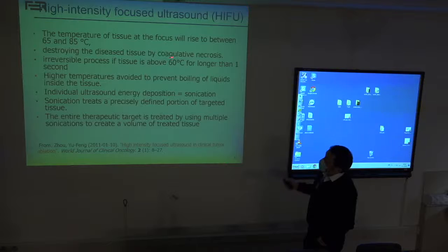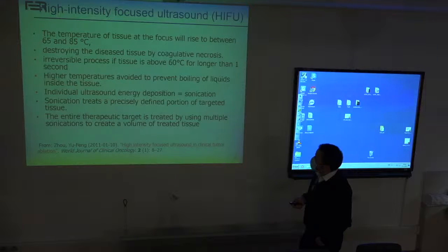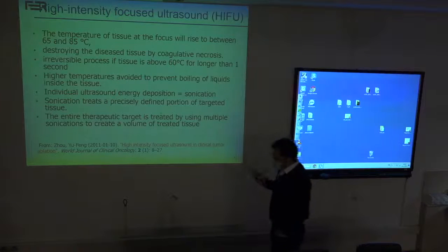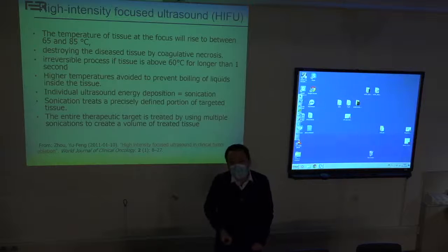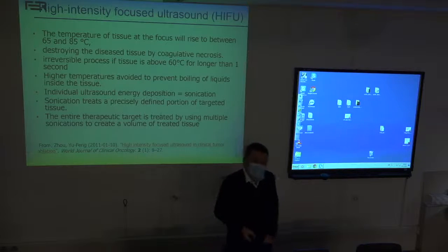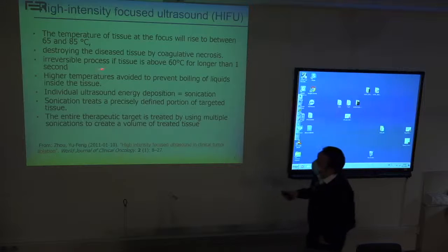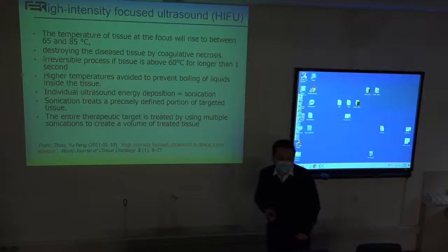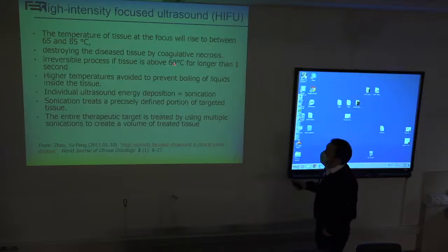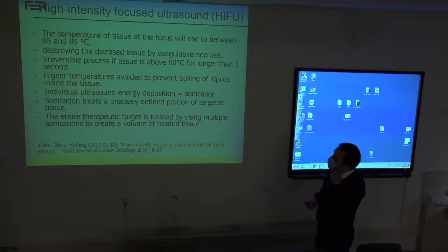What actually happens with the proteins is that they are destroyed at temperatures higher than 60 degrees. So this limit depends on the size and so on and so on.